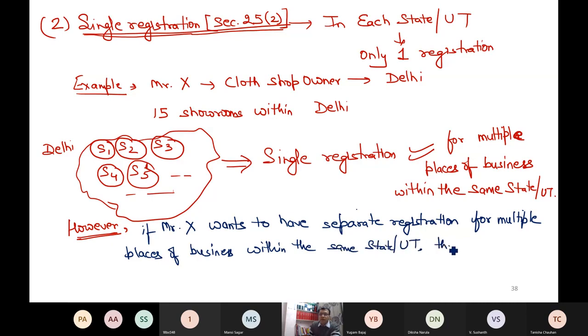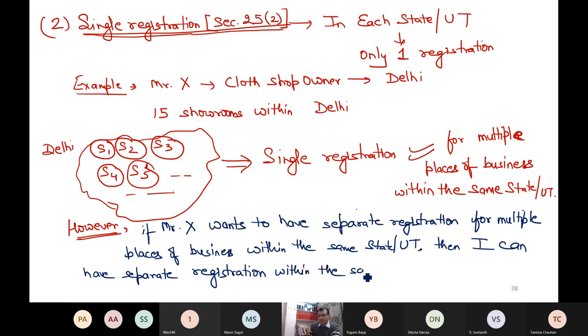Then the government says no problem, you can have it. I can have separate registration within the same state for these businesses. It is my choice.